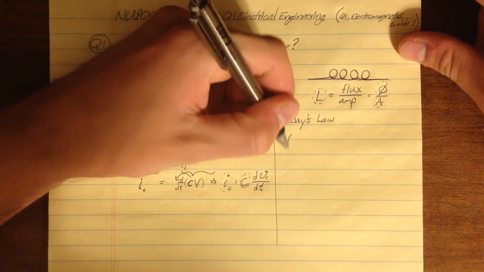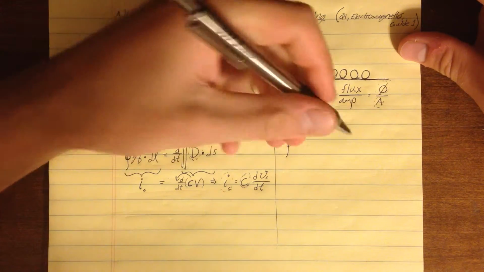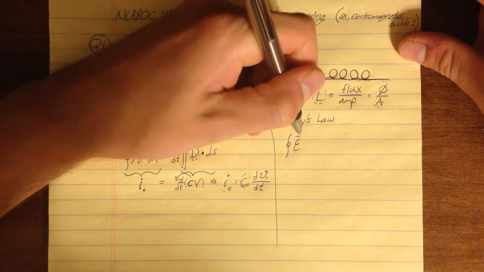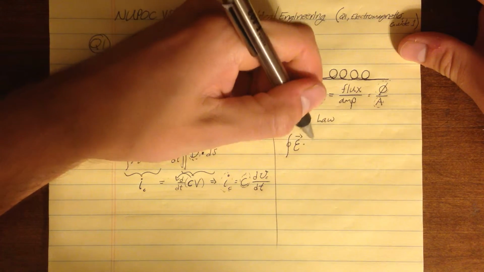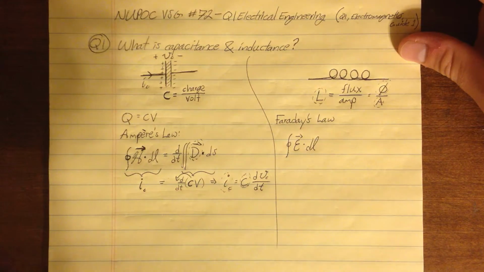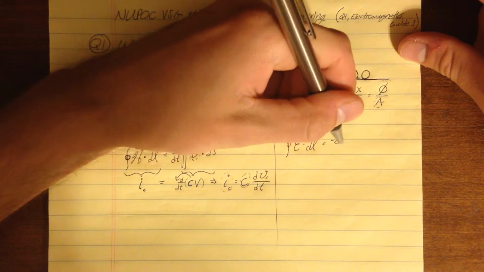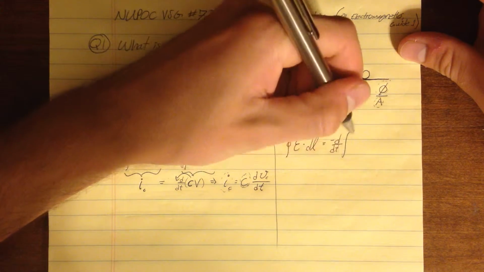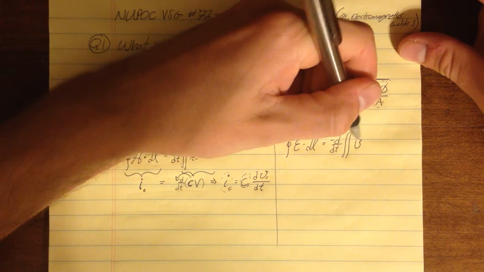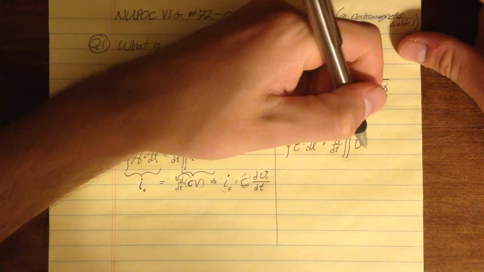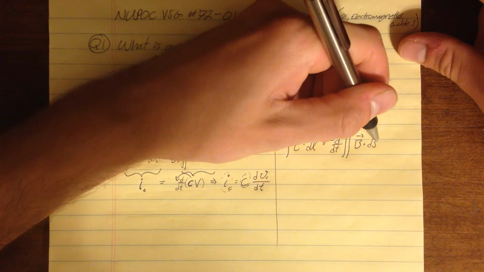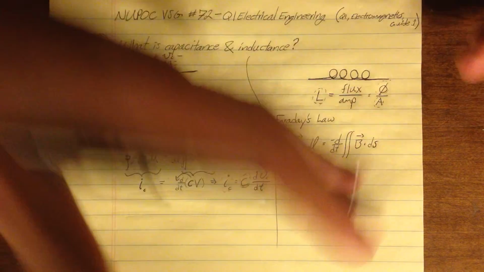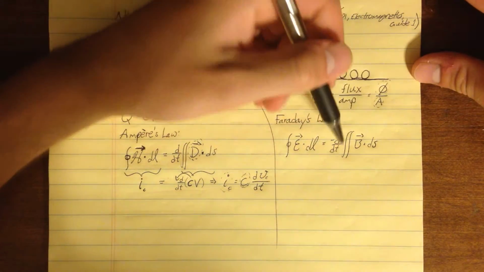So Faraday's law says that if we integrate the vector electric field around a closed loop, it's equal to the negative time derivative of the surface integral of the B field normal to any surface terminated on this loop.